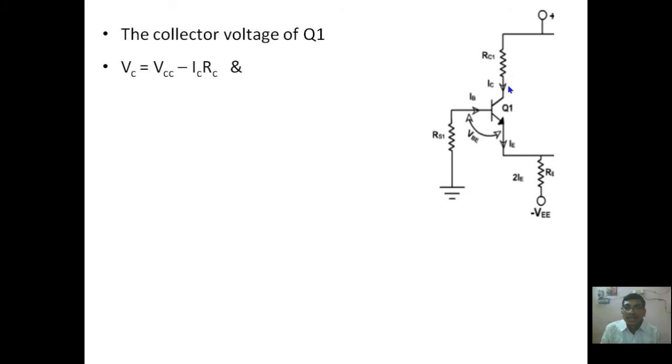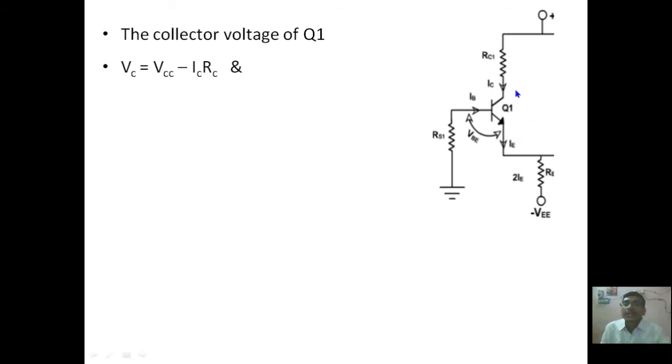Now we can calculate the collector voltage VC, and the emitter voltage VE. In order to find the Q point VCEQ, we have to get the difference between VC and VE. So we calculate VC, the collector voltage of Q1.